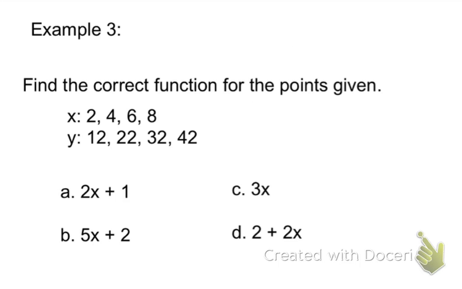This is example 3. Find the correct function for the points given. X is 2, 4, 6, 8, and Y is 12, 22, 32, and 42. So basically what you have to do for this is plug it in. We're going to plug in A to see if that's the answer. A is 2x plus 1.